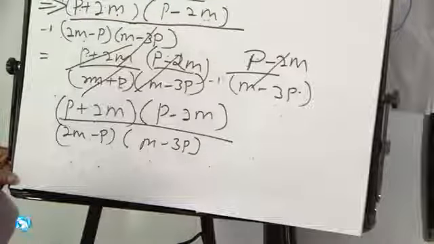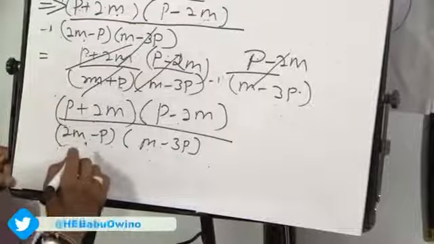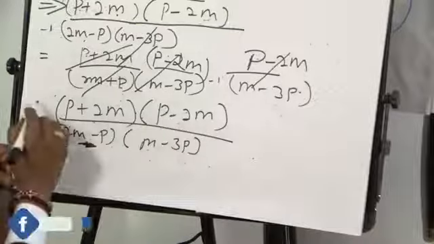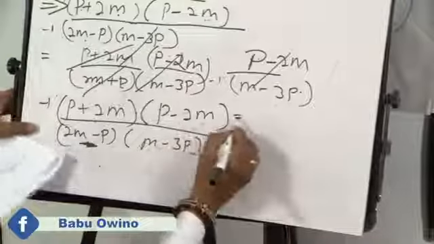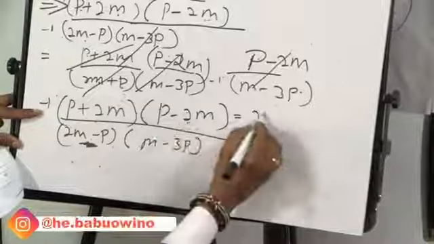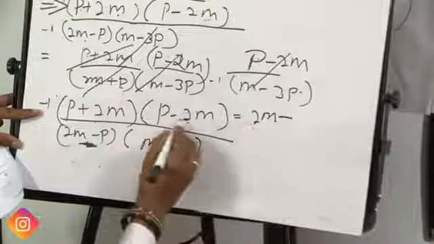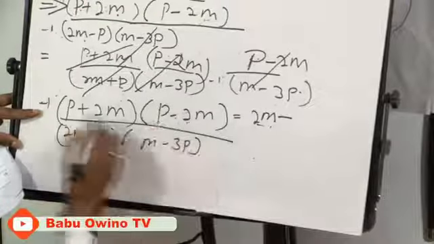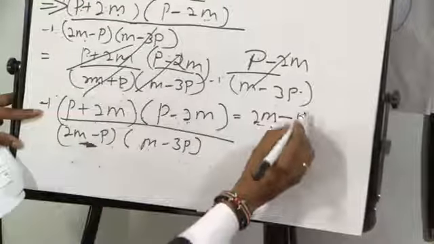So introduce the negative so that at least this becomes a factor of one of these. So when you introduce a negative at the top, you multiply this by the negative, you will get 2m minus p. Minus times minus 2m is 2m. Then minus times p is minus p.